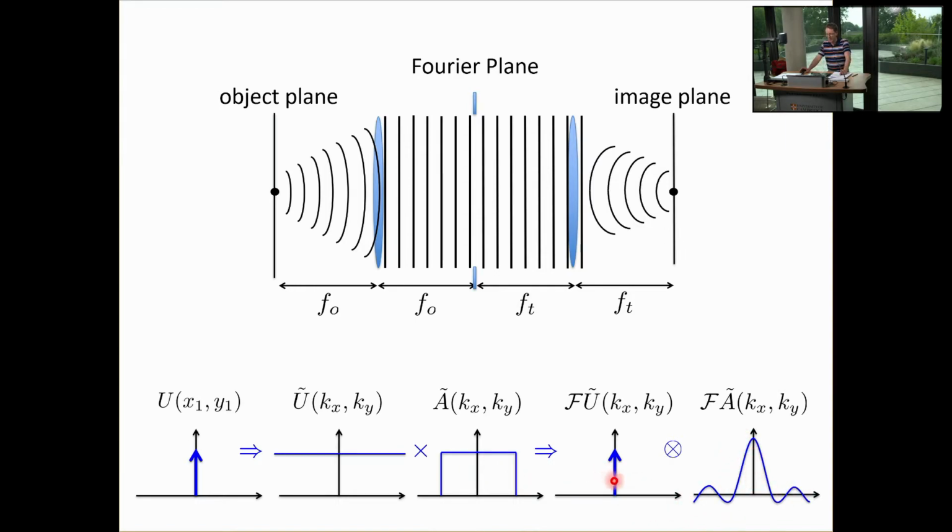So we now have a convolution of a delta function in the image plane with a sinc function, and so what we can say is that the point now is blurred by this function here. The blur is defined by the spectrum of the aperture function that we have in the Fourier plane.